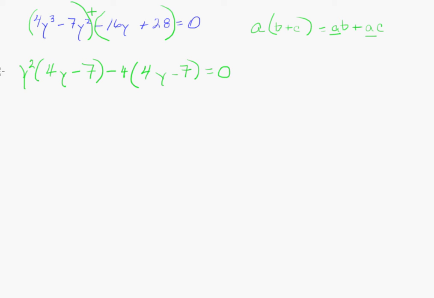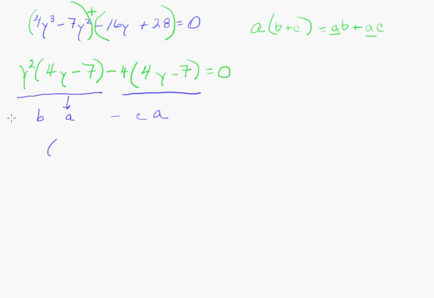But actually, if I look at this, what I have is this term, which is y squared times (4y minus 7). And I have this term, minus 4 times (4y minus 7). So just like A times B plus A times C, here we have our A times B minus our C times A. What's the common factor between these two pieces in green?